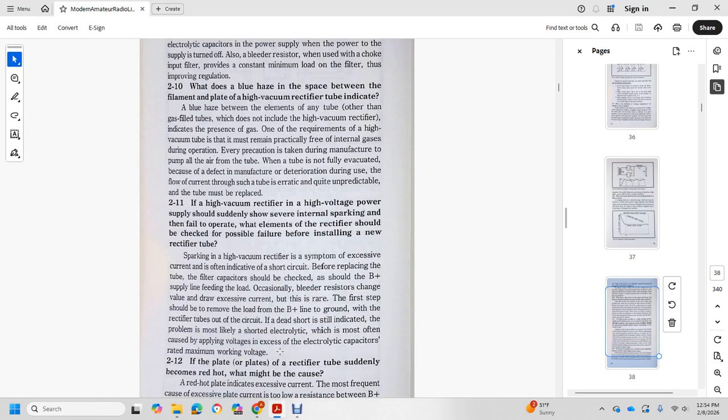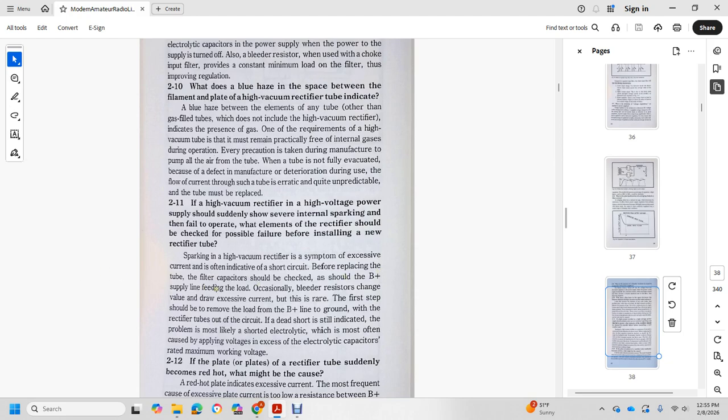If the high vacuum rectifier in a high voltage power supply should suddenly show severe internal sparking and fail to operate, the other elements should be checked for the possible cause of failure before installing a new rectifier tube. Sparking in a high vacuum rectifier simply indicates excessive current, often caused by a short circuit. Before replacing the tube, the filter capacitor should be checked. Show the B positive supply line feeding the load.